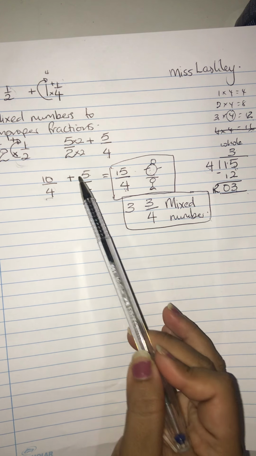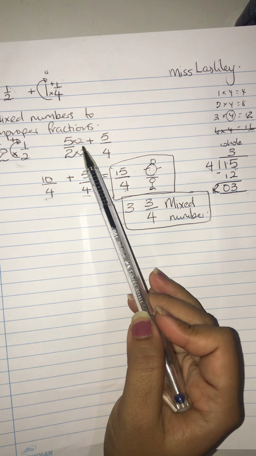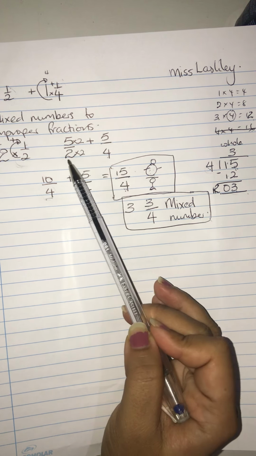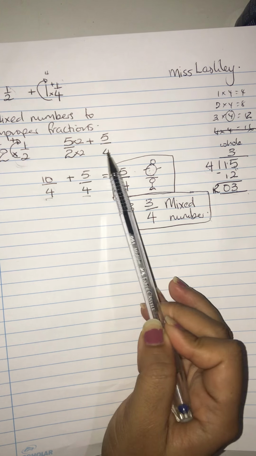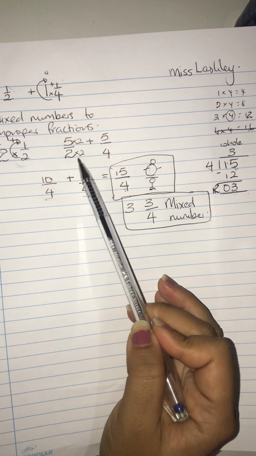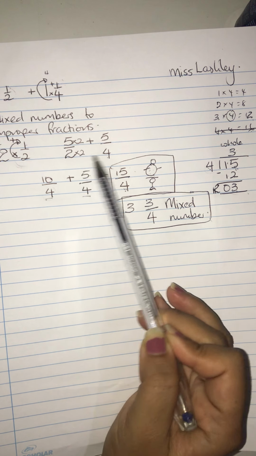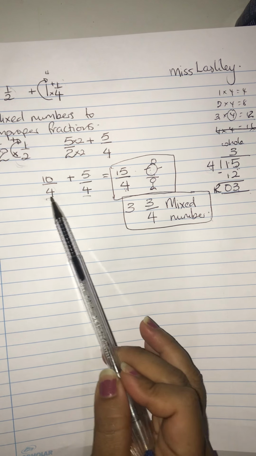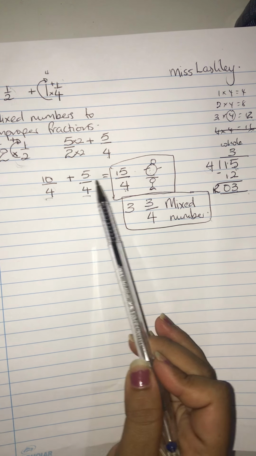Jot them back down. Then we're looking to change both of them to the same denominators, multiplying by the same number, top and bottom. When they are the same, we can go ahead and add them or subtract them.